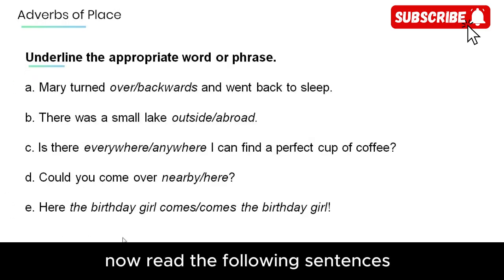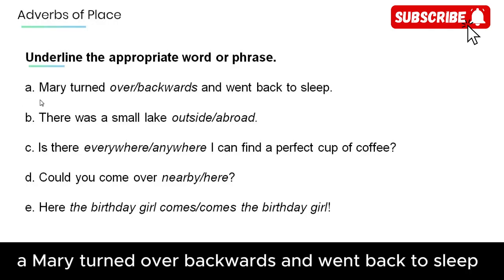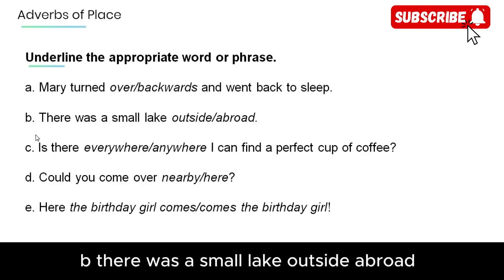Now, read the following sentences and underline the appropriate word or phrase. A. Mary turned over backwards and went back to sleep. B. There was a small lake outside, abroad.